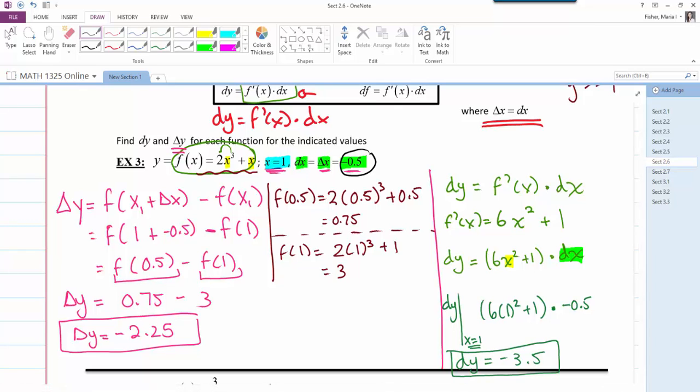If you're moving maybe 0.1 units away or 0.01, that's not very far movement. But 0.5 is a big movement, especially if you have a polynomial like this that is growing pretty fast. So here, our delta y is negative 2.25, and our dy was negative 3.5.